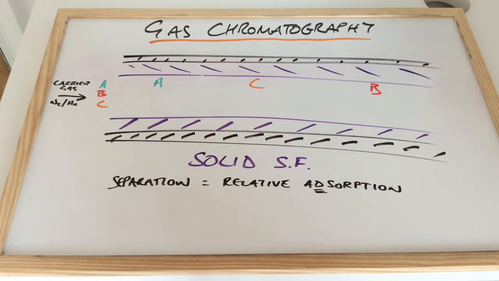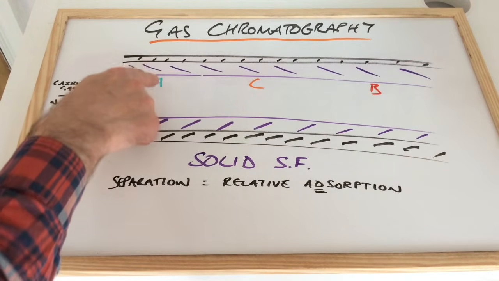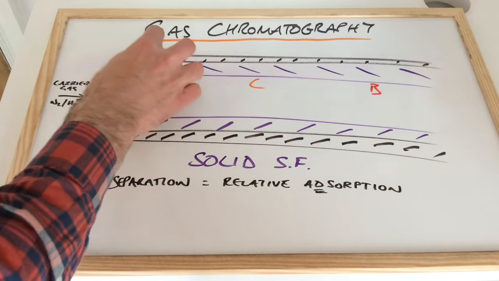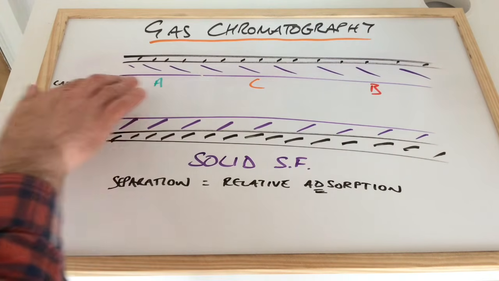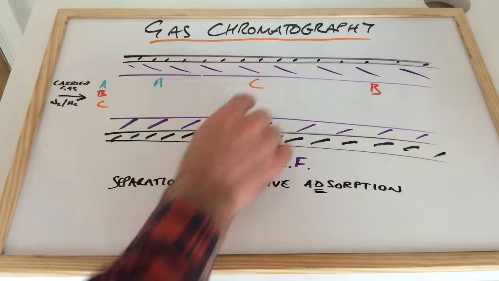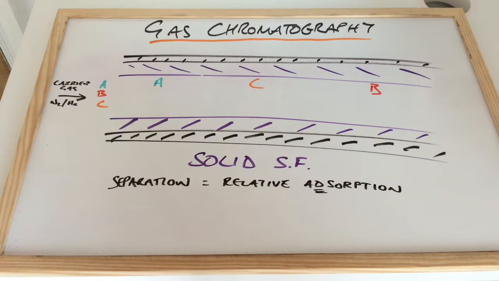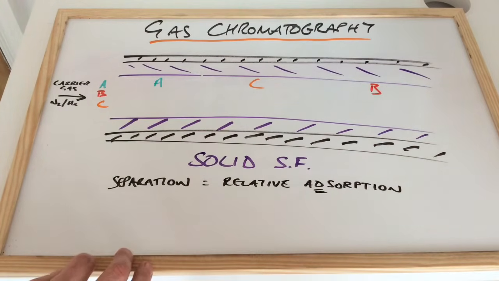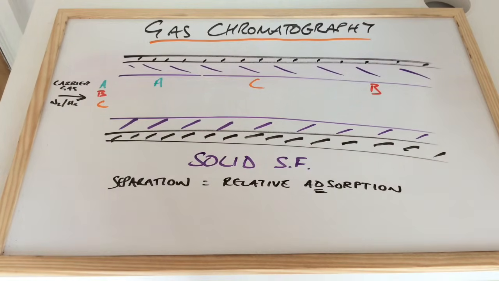What does that mean in terms of the relative adsorption? Well, A must be interacting quite strongly with this stationary phase. So A is adsorbing quite strongly, which means the carrier gas is struggling to take it through. C is adsorbing the next strongest, and B is probably not really adsorbing at all with the stationary phase, and so the carrier gas can send it through quite easily.